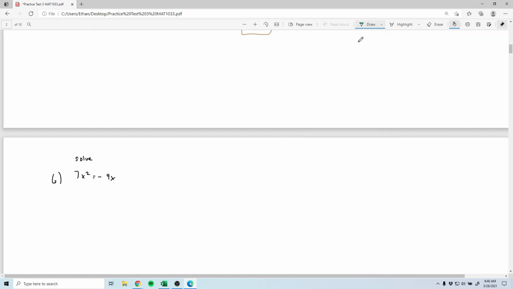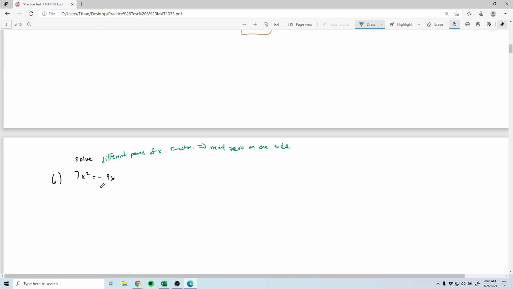The thing to notice here is that we have different powers of x, so we're going to need to factor again. And the reason I note the different powers of x, which means we need to factor, is that the next thing in line is we need 0 on one side. Right.